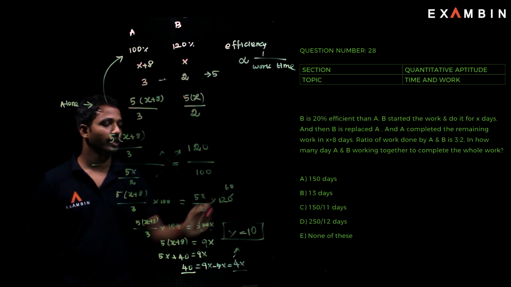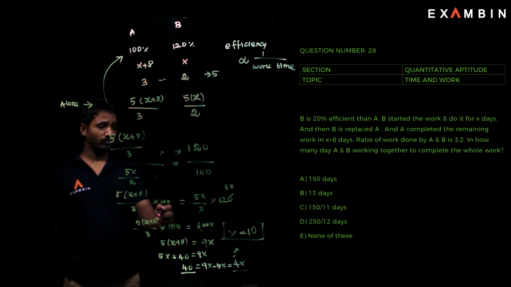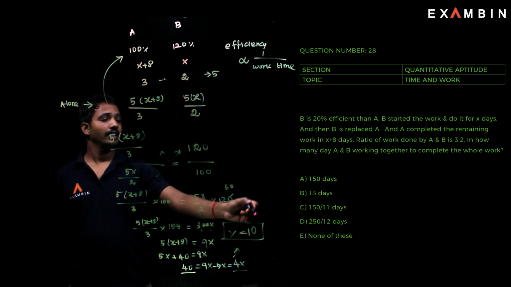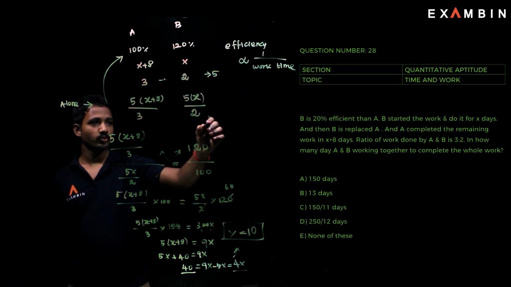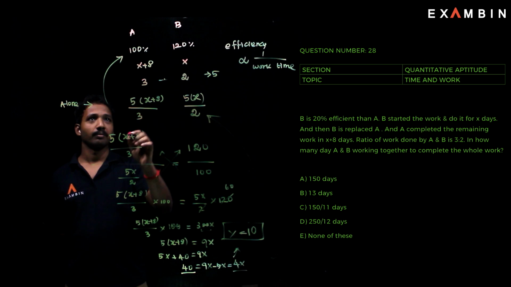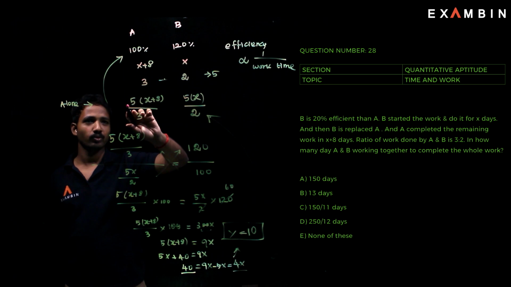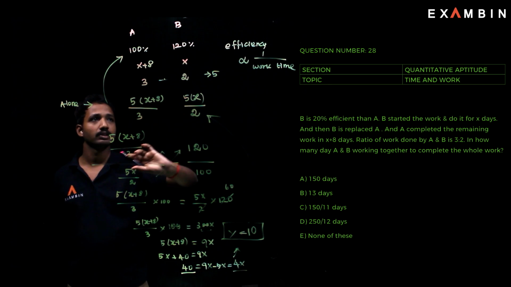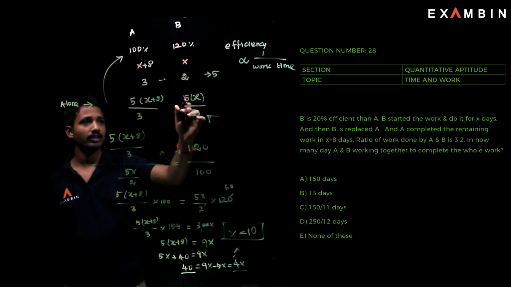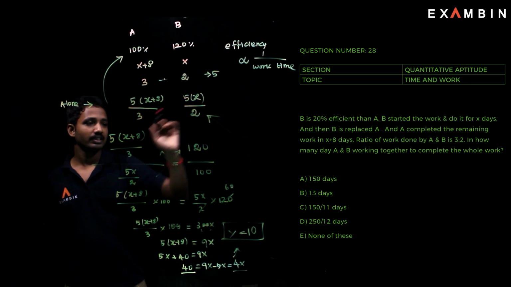So now we got the value of x. Next, what we need to do is apply this x to the alone times. A alone can complete the work in 5 into x plus 8 divided by 3, and B alone can complete the work in 5x divided by 2.